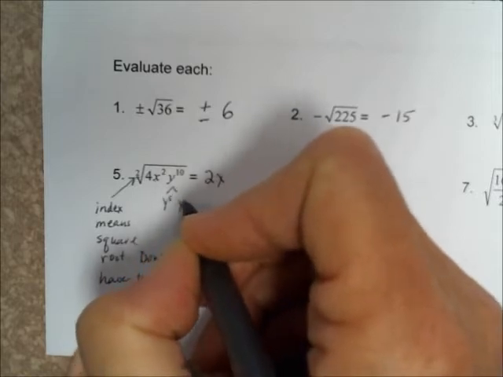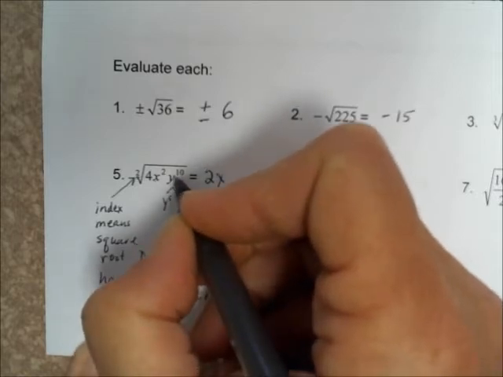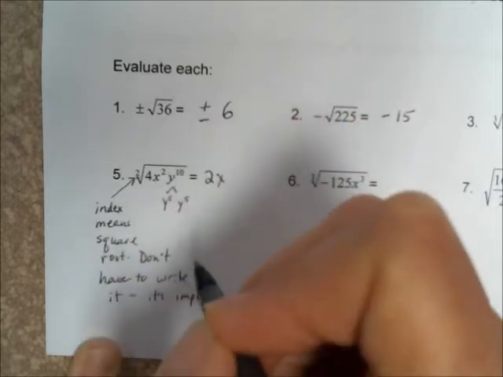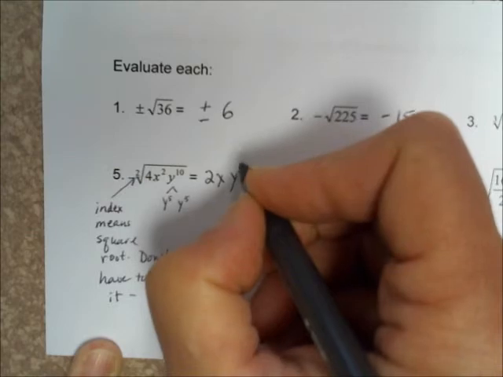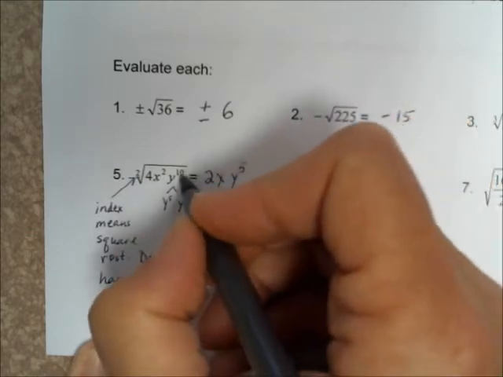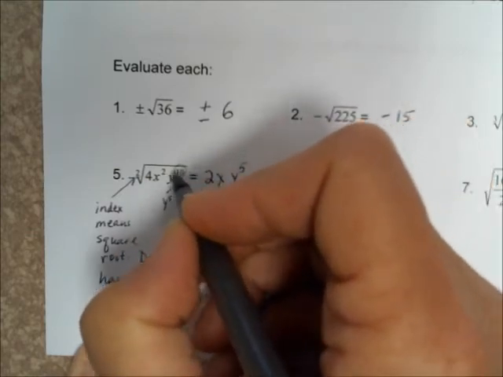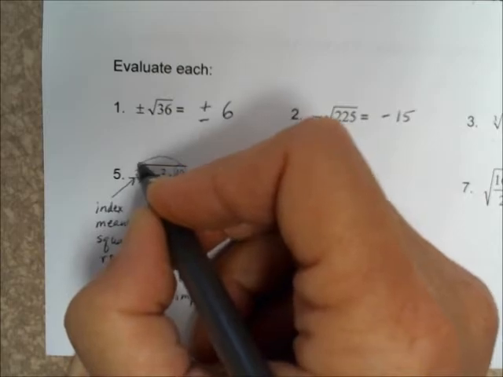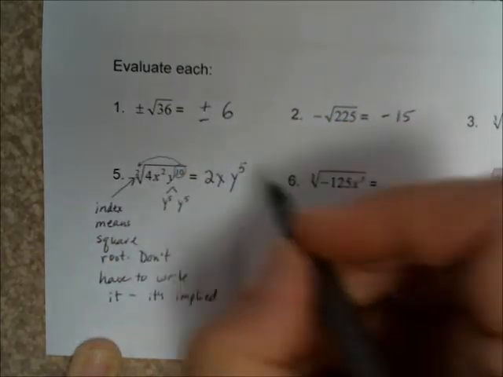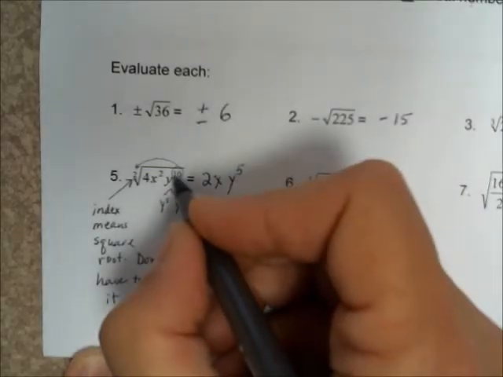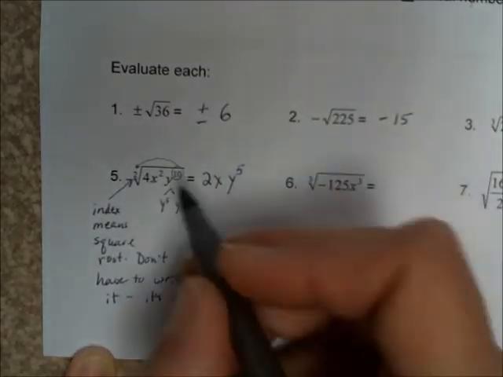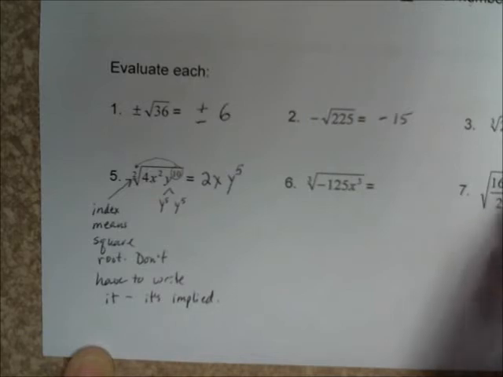So the square root of y to the 10th is actually y to the 5th. To do this quickly, you can just divide this exponent by this index. You're not going to take the square root of 10. You're just going to divide 10 by this number.